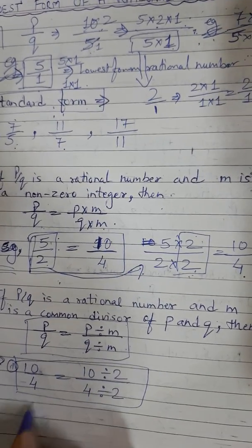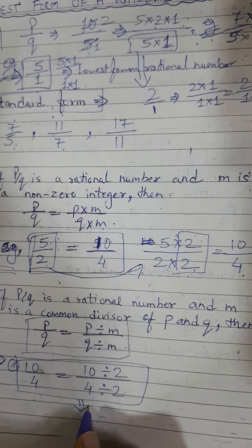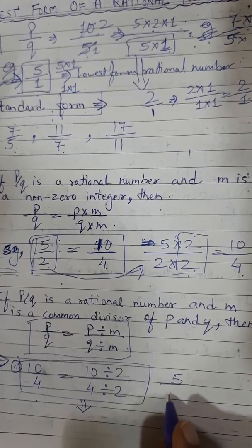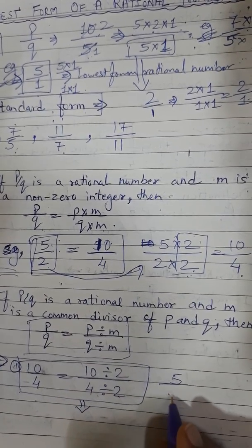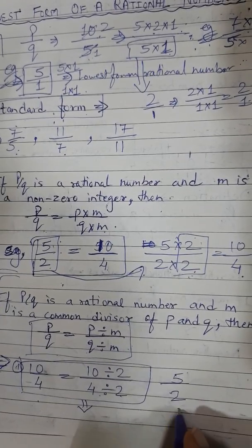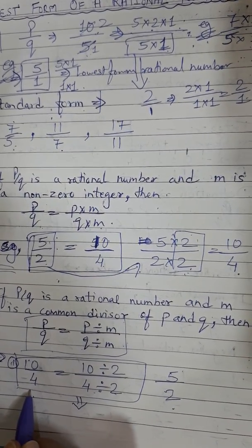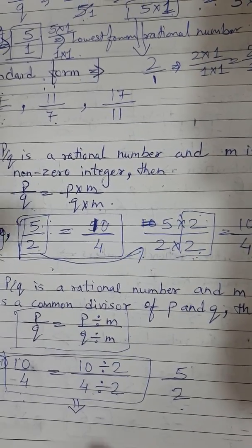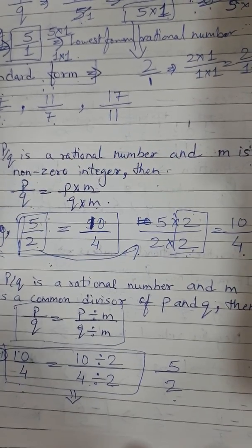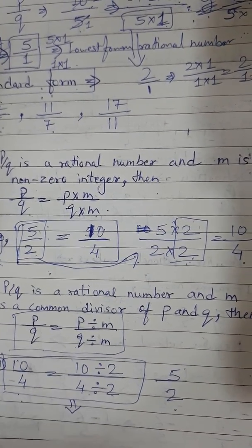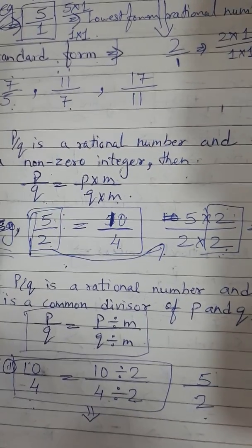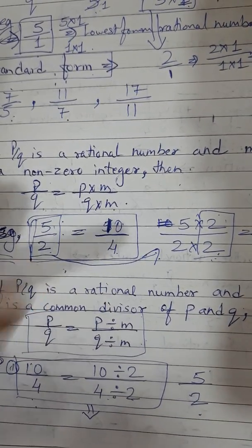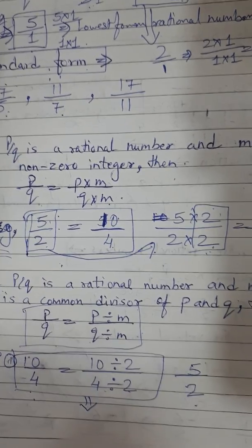Both are equivalent rational numbers, because 10 divided by 2 is 5, and 4 divided by 2 is 2. So 5 upon 2 is equal to 10 upon 4. So the rational number stays as it is if we multiply the numerator and denominator by the same number, and it is also the same if we divide the numerator and denominator by the same number. Then the value will never change.